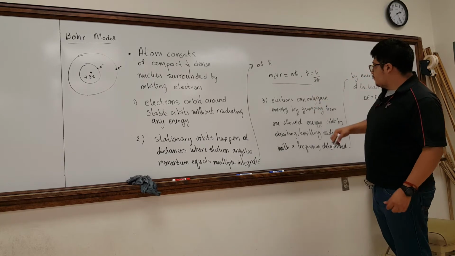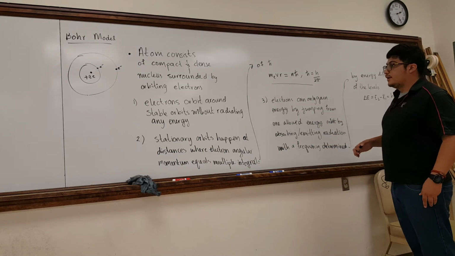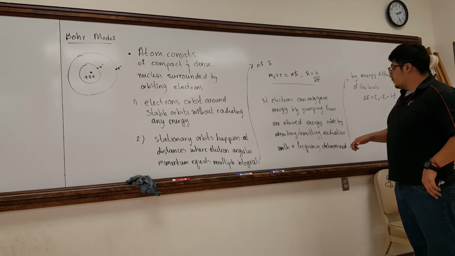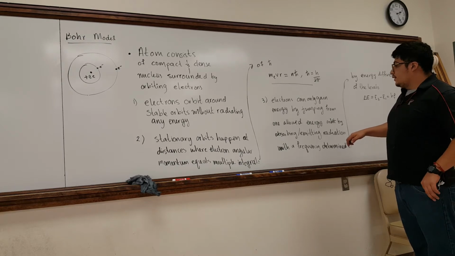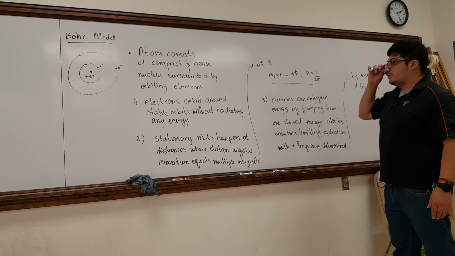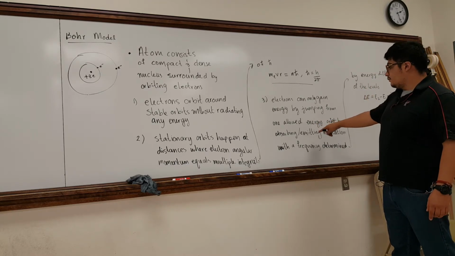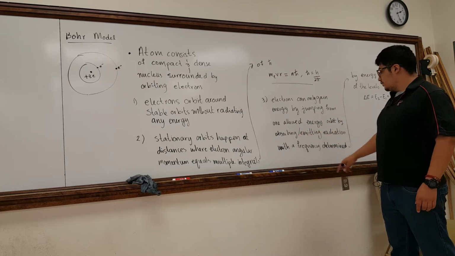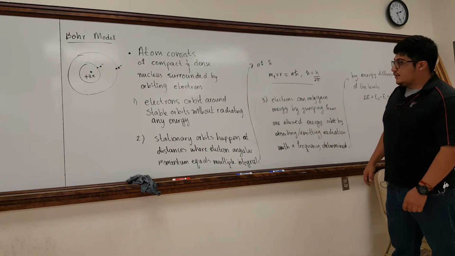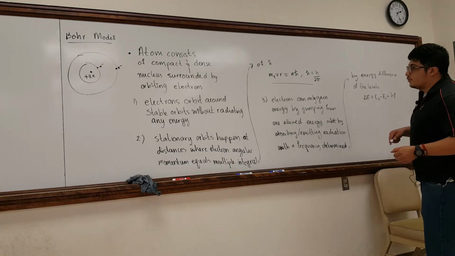The third point we talk about is the electrons. The electrons can only jump from one energy level to another, from one stable orbit to another stable orbit, by absorbing or emitting radiation with a frequency that's determined by the energy difference between the levels.